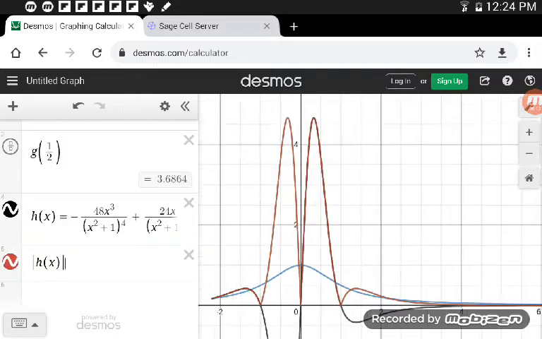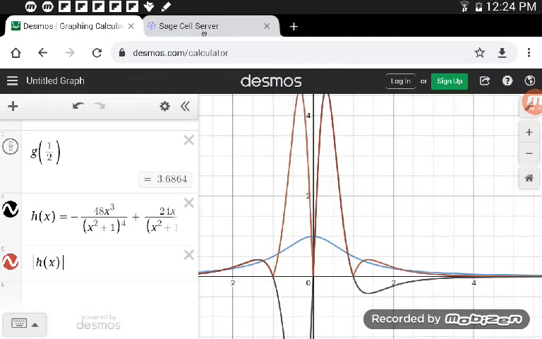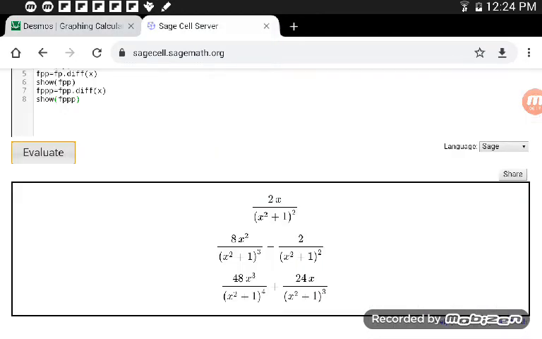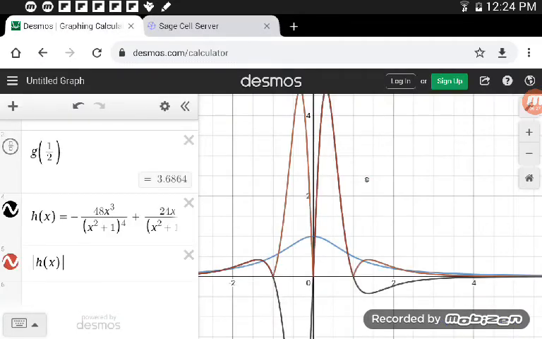Okay, and so we can use Sage Cell to actually compute what that derivative is. If we don't necessarily need to know what it is, we can get decimals to just graph it. We could use the Desmos to graph. Now you can graph within Sage Cell as well, but you know, the graphing in decimals is just really nice.